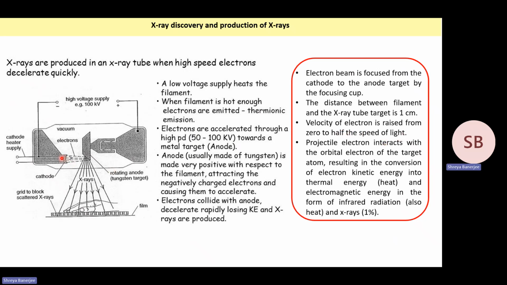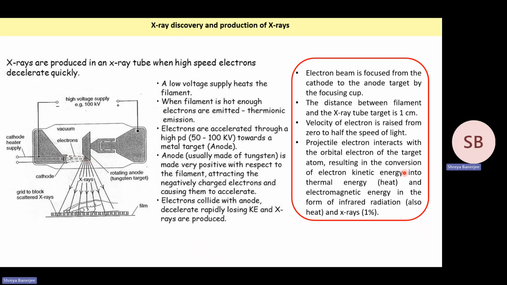Now, when this accelerating electron hits the anode, this projectile electron interacts with the orbital electron of the target atom in the anode. The projectile electron is the electron that is being emitted from the cathode, and the electron in the atom of the anode is called the orbital electron. When the accelerating electron hits the electron in the atom of the anode, it results in loss of kinetic energy of this accelerating electron.